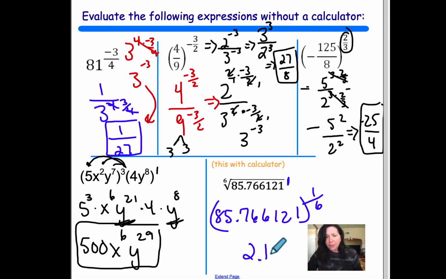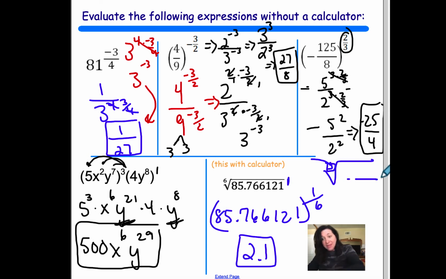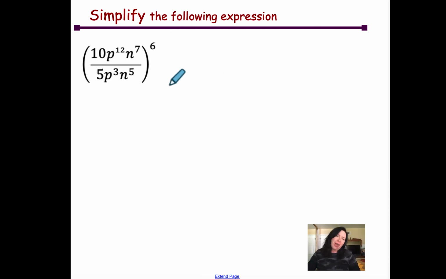Well, that's cool. Okay, and then I'm done. But on the TI Inspires, for sure, I'm not sure about the 84s, it actually has a box here. So when you type that in, you put the 6 here, you type in your number, enter, it's done. It's an amazing calculator.